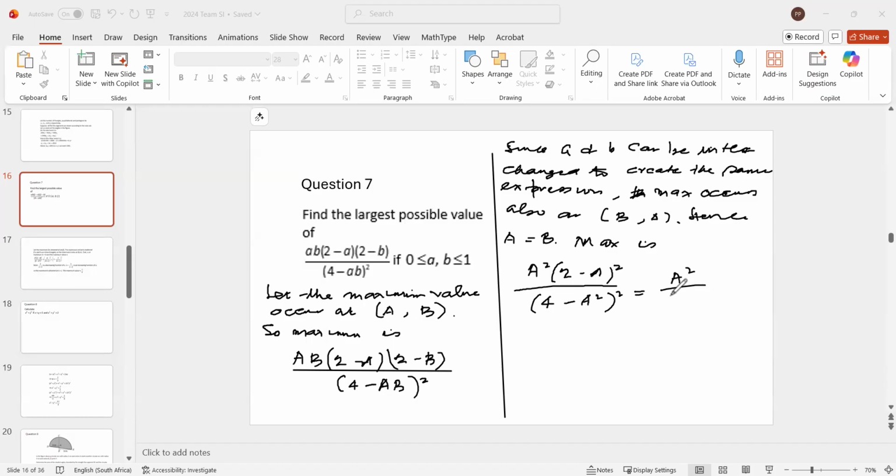You'll have A squared over 2 plus A all squared.